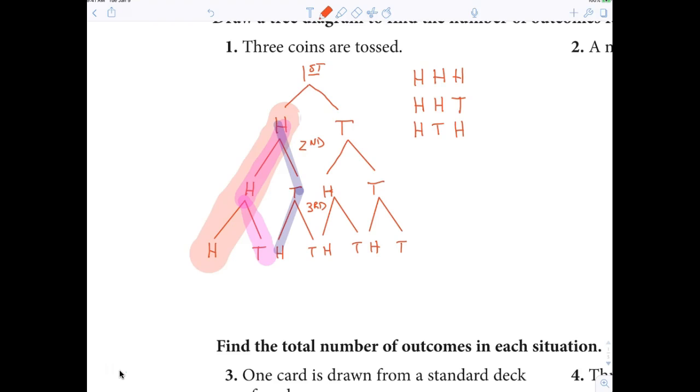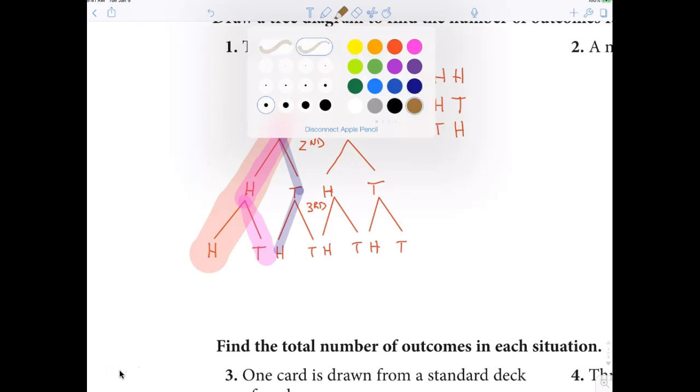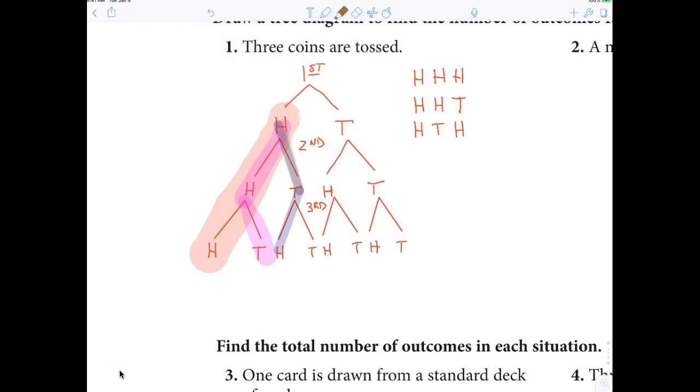And then if I put another one up here, heads, tails, and then what? Tails. And now we have to start with the what? We have to start with the tails. So it could be tails, then what? Heads, and then what?